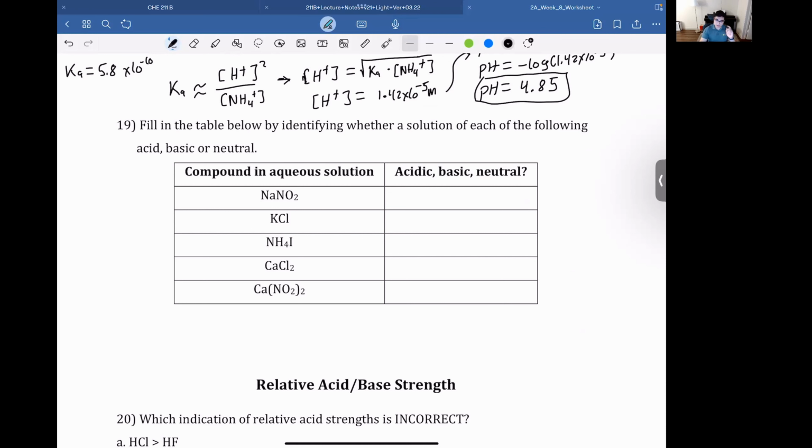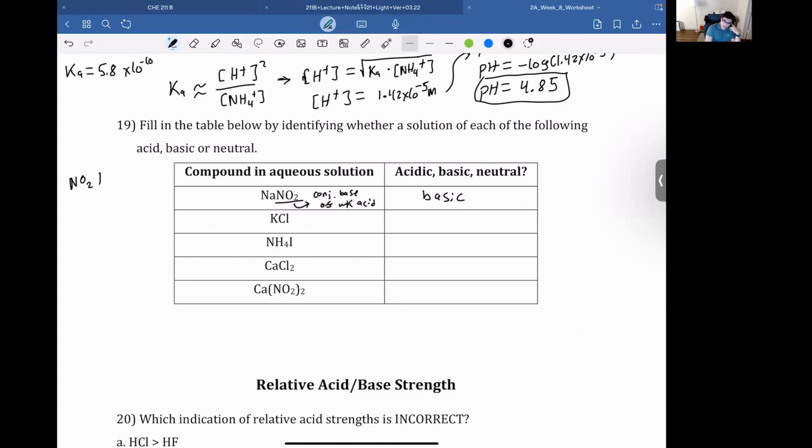So if you're looking at NaNO2, Na plus is not a weak acid. NO2 minus, though, is the conjugate base of a weak acid. And because of that, this ends up being a basic solution, right? Why?